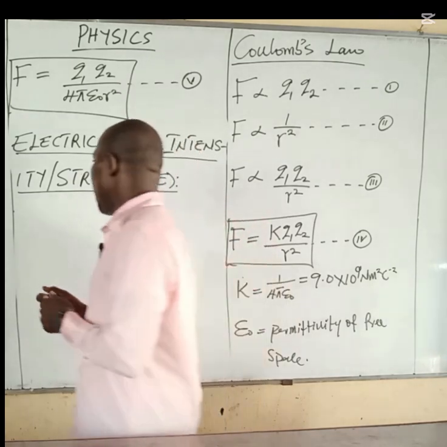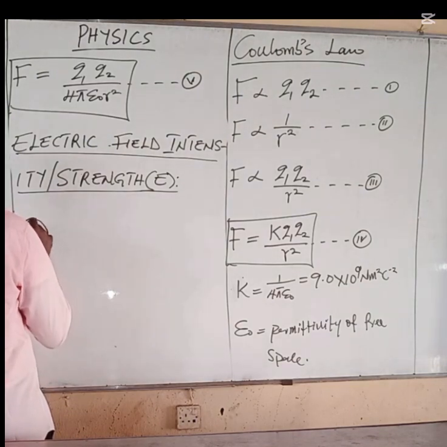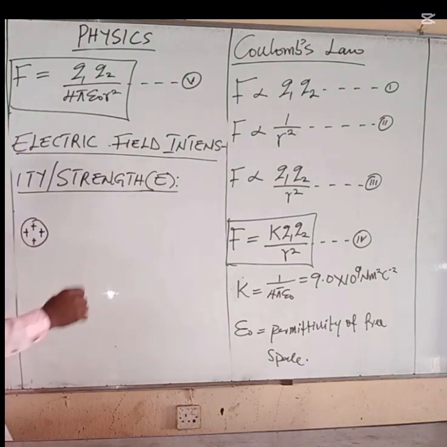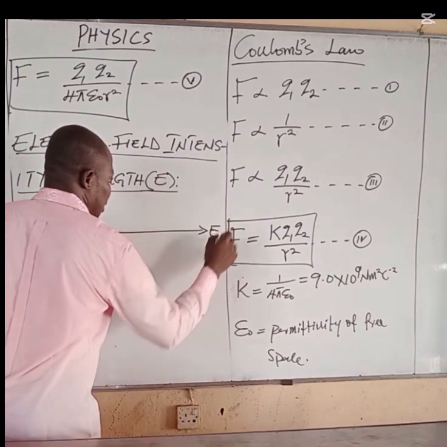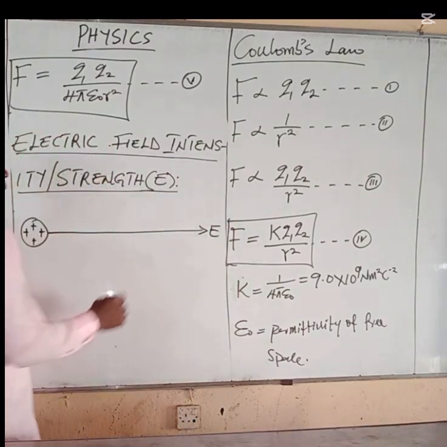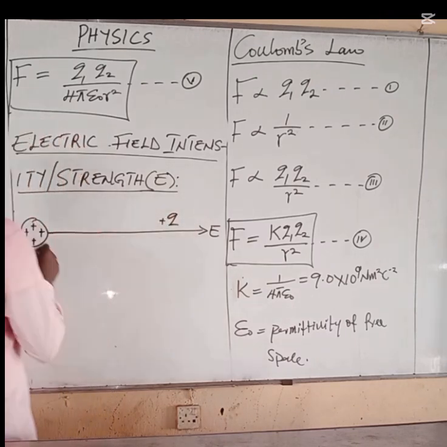Now, let me use a diagram to demonstrate that. We have what we call a point charge, and the direction of this electric field intensity is here. Let's assume there is a test charge here, and this is a point charge.